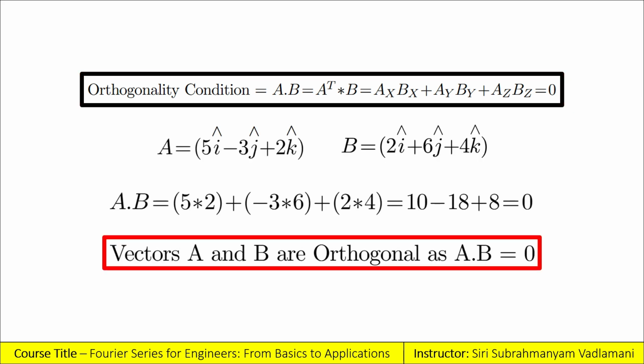For example, the dot product of the two vectors considered here is 0, demonstrating that they are orthogonal or perpendicular to each other. Understanding orthogonality in vectors will later help us grasp how different sine and cosine functions interact in the Fourier domain.